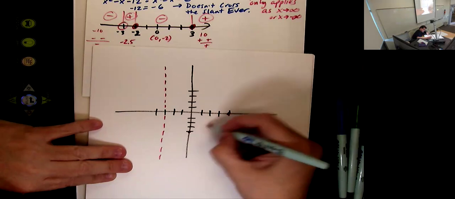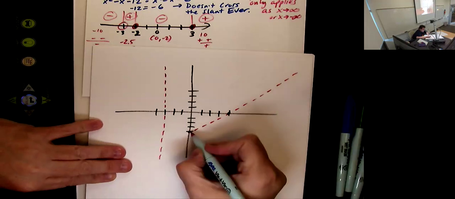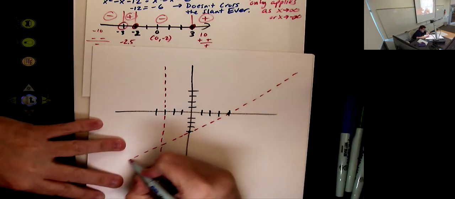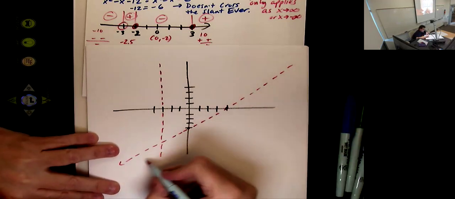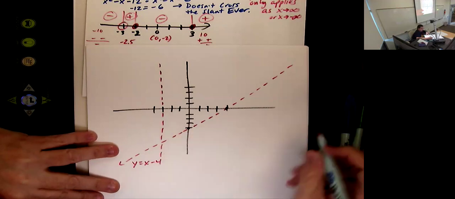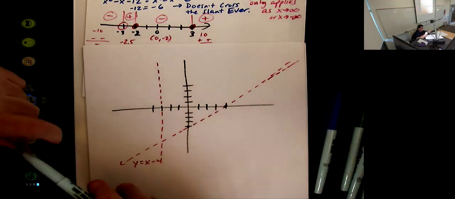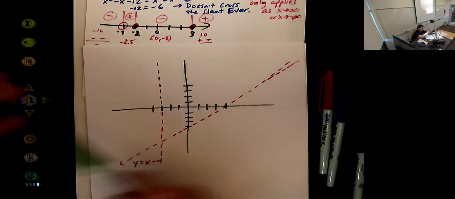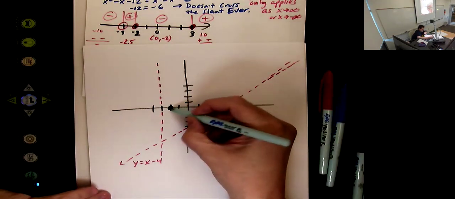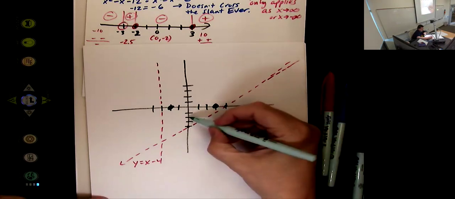And we have a slant asymptote. If I did a little bit better on the spacing, this would look more diagonal. That's y equals x minus 4. Those are our two asymptotes. Our actual graph crosses at -2 and +3 on the x-axis, and (0, -2) on the y-axis.